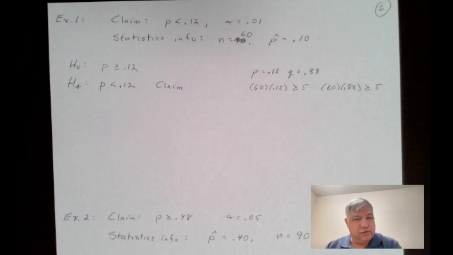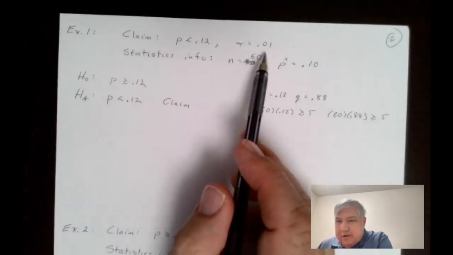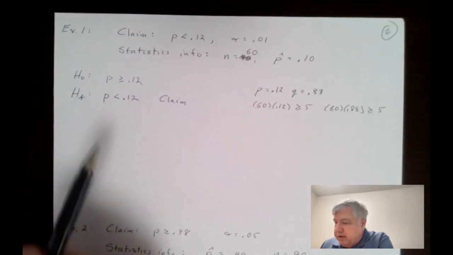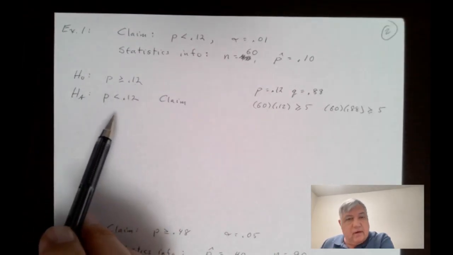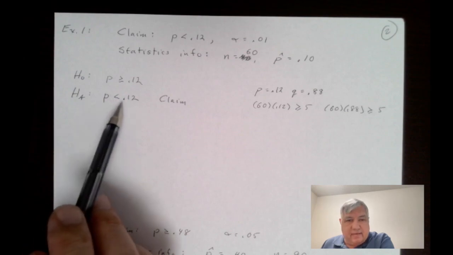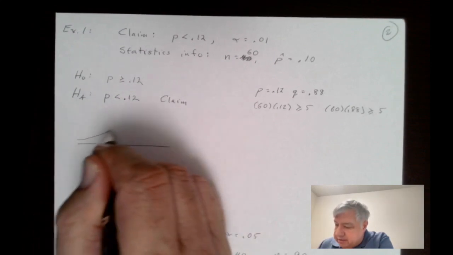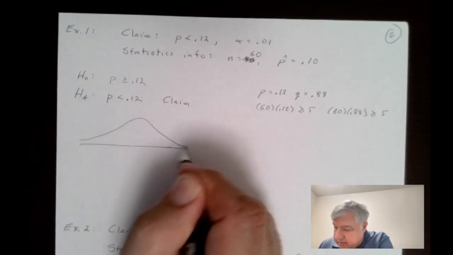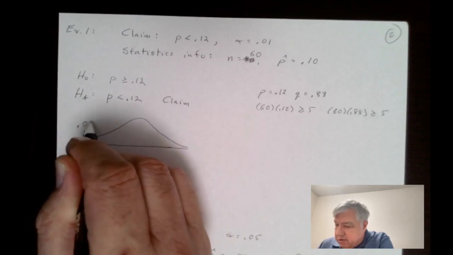All right, so now our level of significance is 0.01. Because we're assuming p is greater than or equal to something, our extreme or unlikely values for p hat would be less than 0.12. So we're talking about a left tail test, and this tail right here would be 0.01.